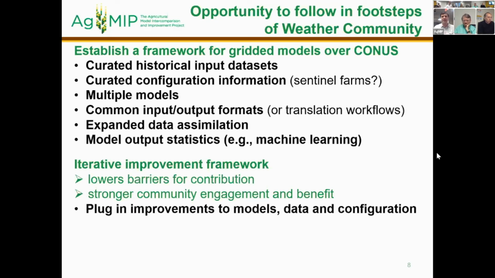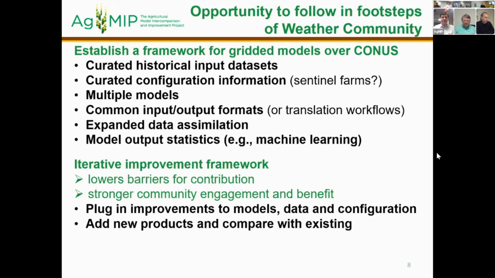So for example, if somebody were to come along and improve an evapotranspiration routine, rather than them having it for whatever local application, if it went into one of these models, it would suddenly be applied across many different places. Likewise, if somebody were to come along and improve the cultivars for soybean in Minnesota, you could put it into this system and all of the models would benefit from it. And you could imagine much smaller projects having a big impact.